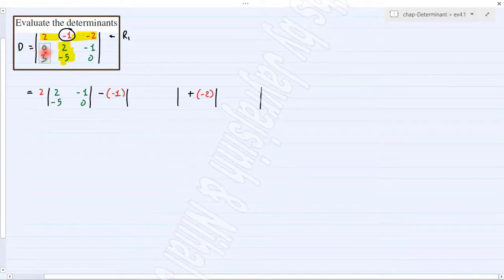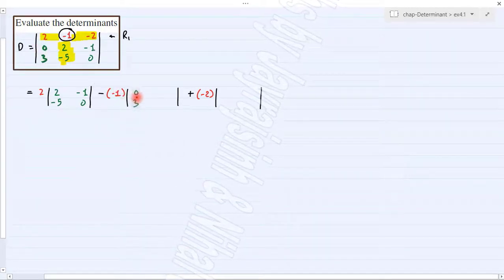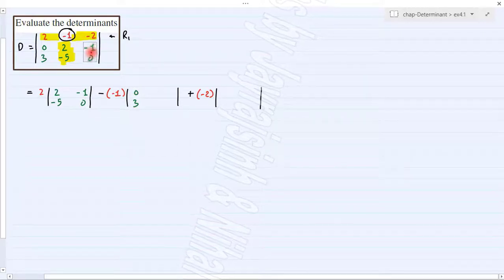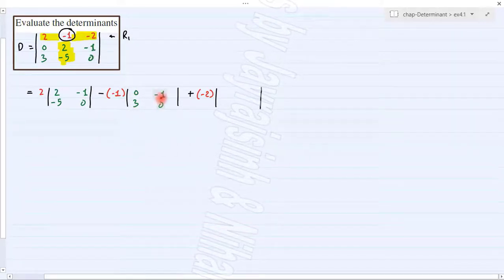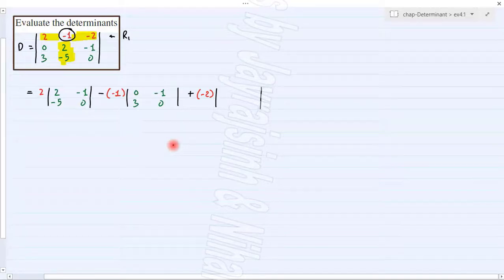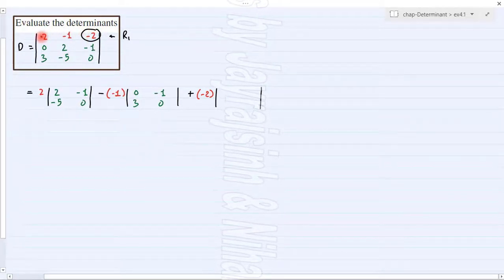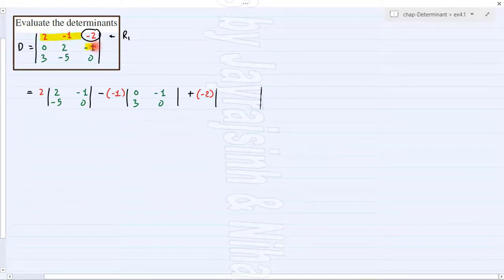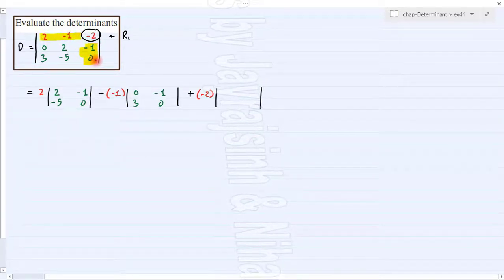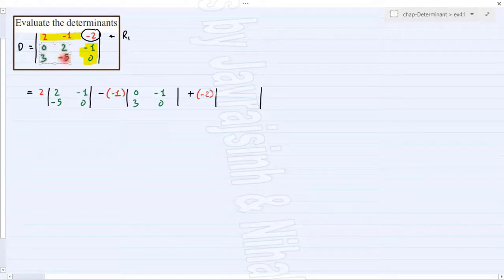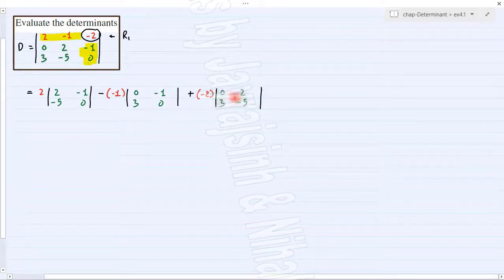So first column will be 0, 3 and second column will be minus 1, 0. And the minor of last element can be obtained by ignoring first row and third column. So we will get 0, 2, 3, minus 5.